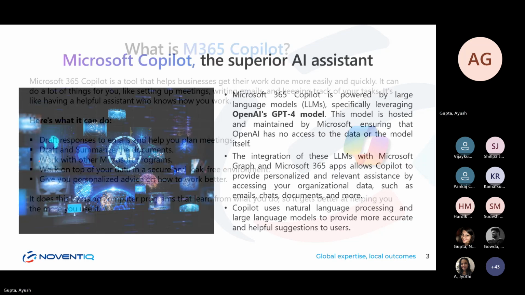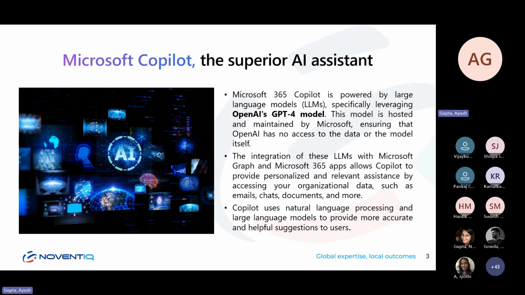Right now, we'll talk about the underlying technology, or the LLM models working at the back end behind Copilot. If you're able to see my screen, Microsoft Copilot is powered by the LLM models, OpenAI's GPT-4 model.